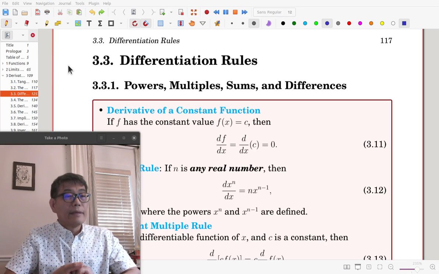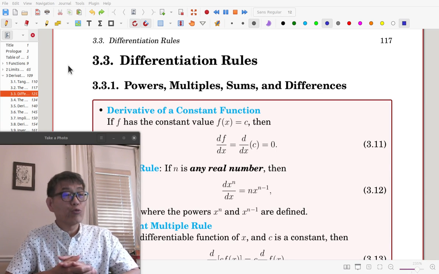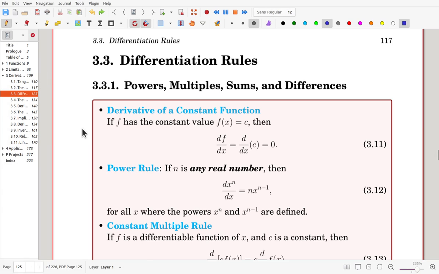Hi, section 3.3. Now we'll study some differentiation rules. Okay, let's begin with the derivative of a constant function.